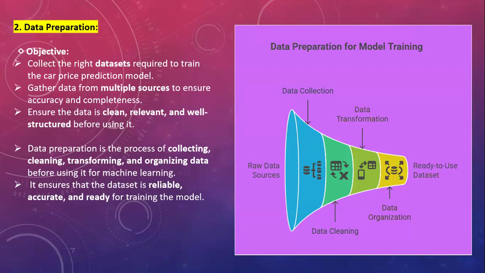After that, once we have collected the data, we are going to do data cleaning. Then after that, we are going to do some data transformation on the cleaned data. Finally, we are going to do some data organization so that it will be ready for the machine learning model with clean and well-structured data.